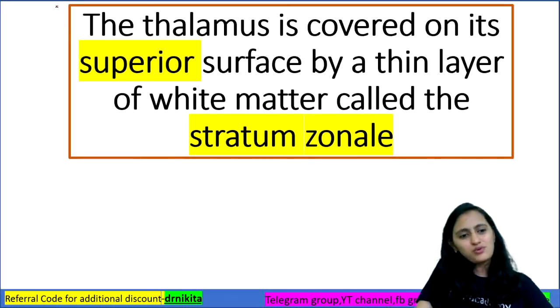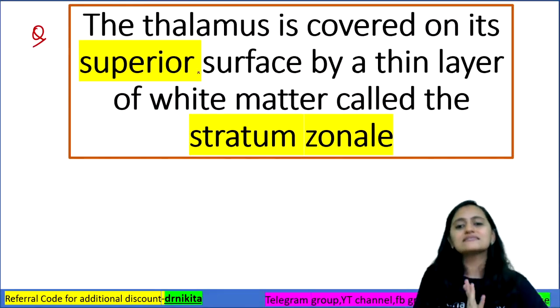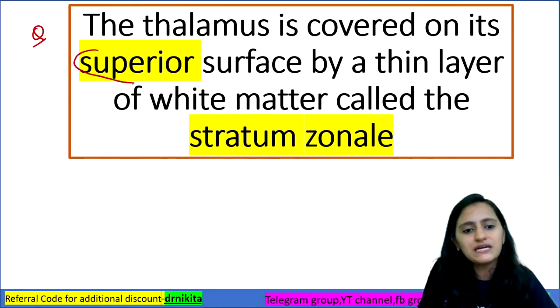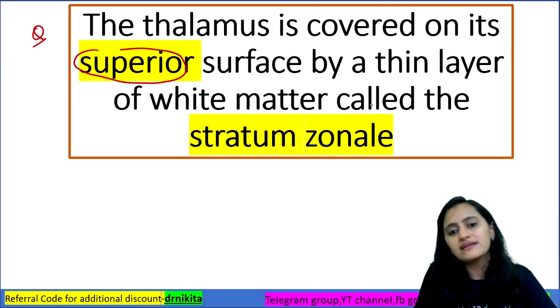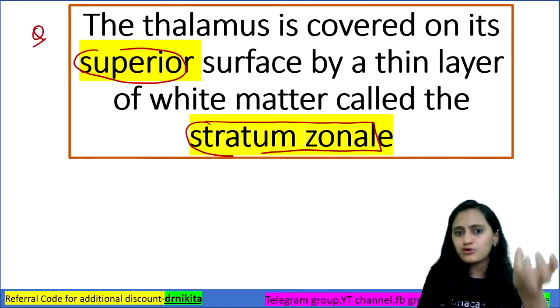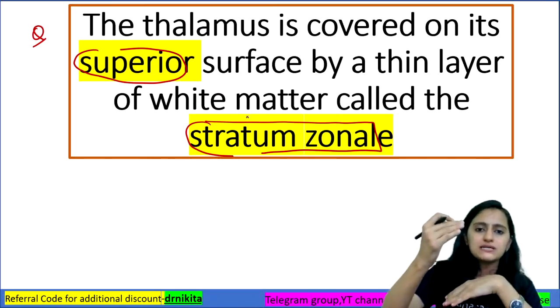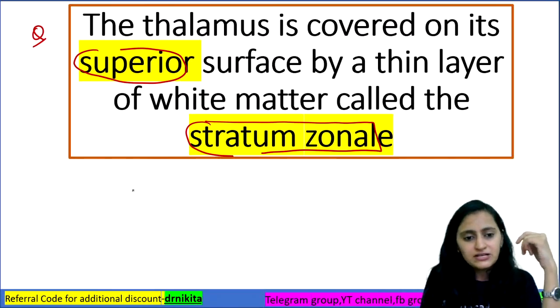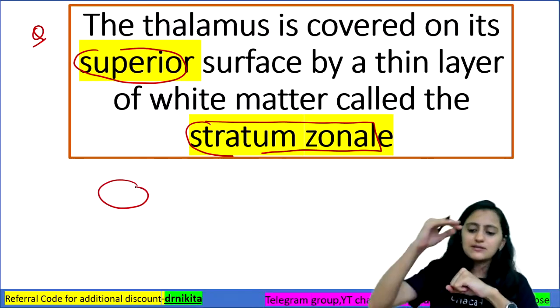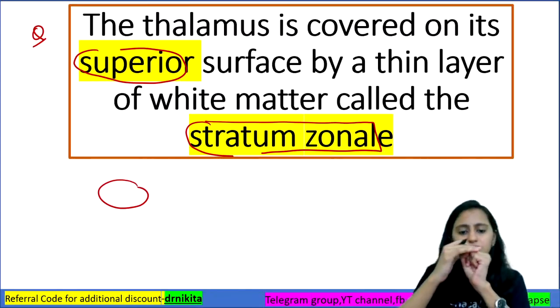Now, some more one-liners to be added to your notes. The thalamus is covered on its superior surface by a thin layer of white matter which is called the stratum zonale. Now, this can be asked as a true or false statement as well. Is the stratum zonale present superiorly or inferiorly? So remember, if this is the thalamus, above it you have the thin layer of white matter which is the stratum zonale.